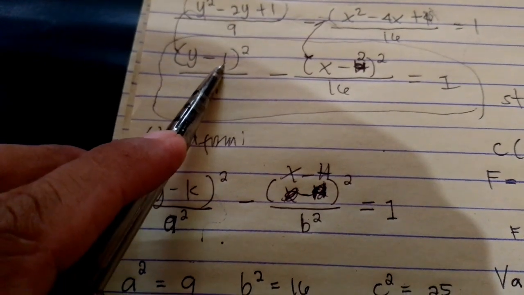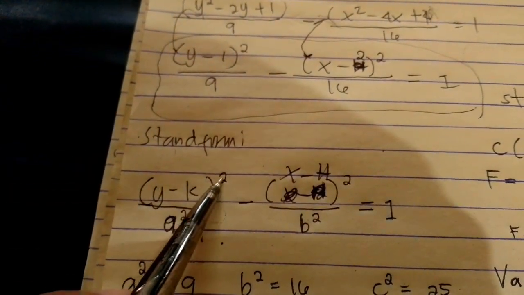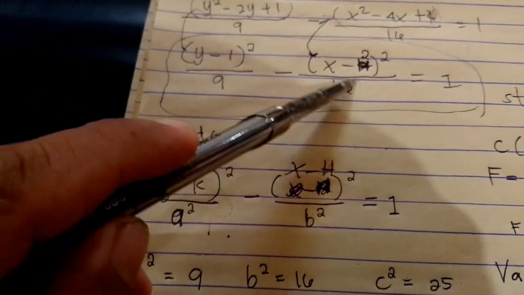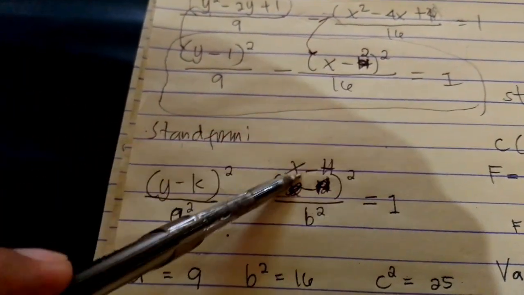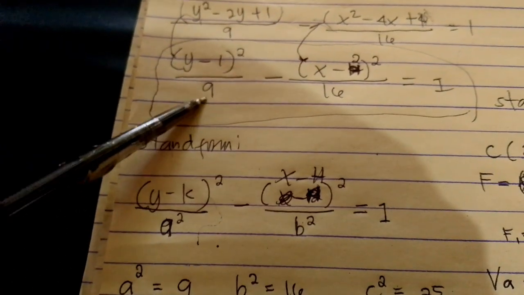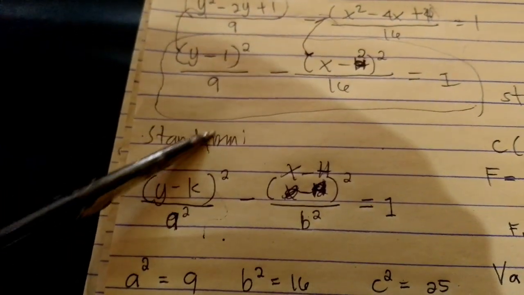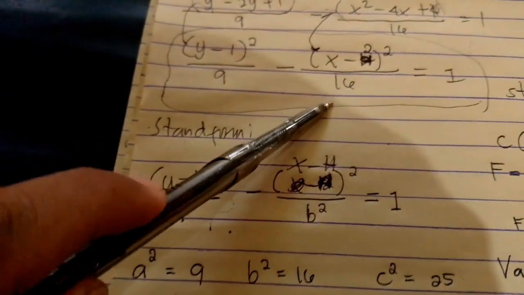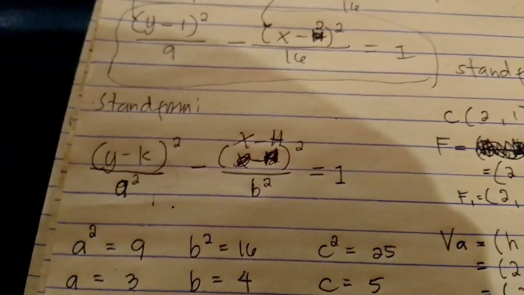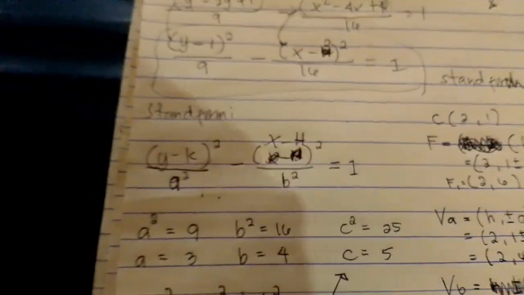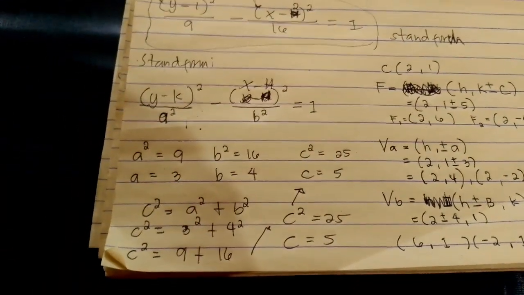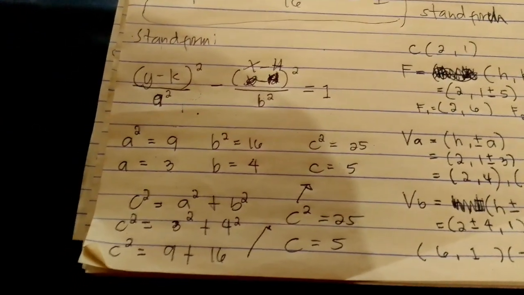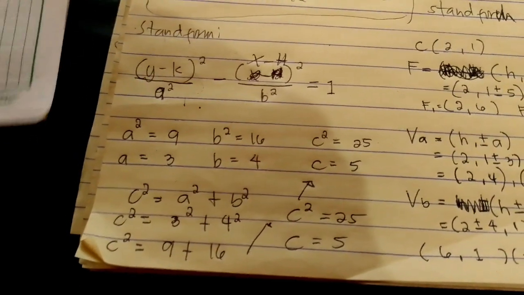Our k is 1, our h is 2, our a squared is 9, and our b squared is 16. Now from here we have our standard form. We are close to graphing the hyperbola.